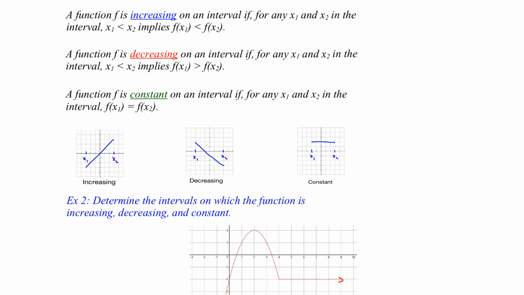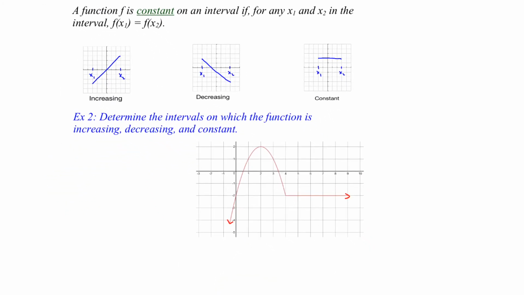The second one is decreasing. As x increases, the y values are going down, so they're decreasing. And then on the third one, it's constant. As x sub 1 goes to x sub 2, the y values are staying the same for that one. So you got increasing, decreasing, and constant. You're reading from left to right, and as x increases, what is happening to the y values?